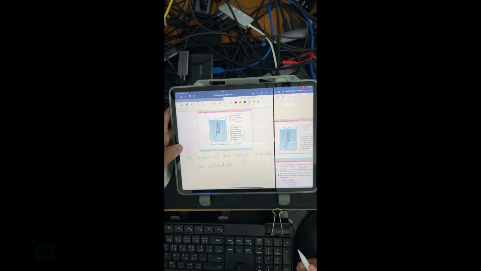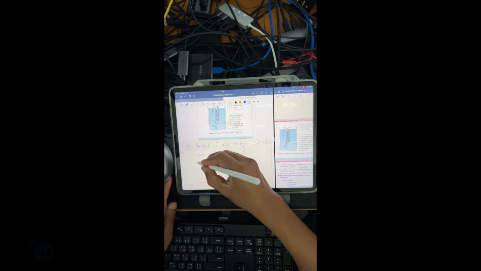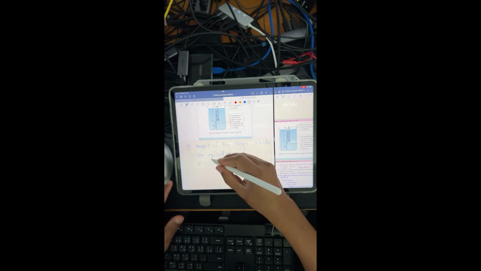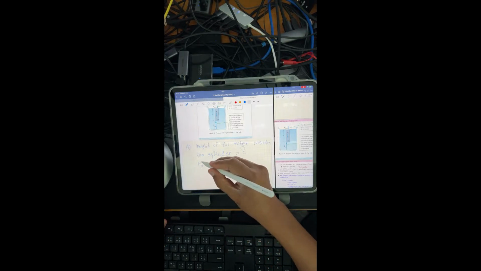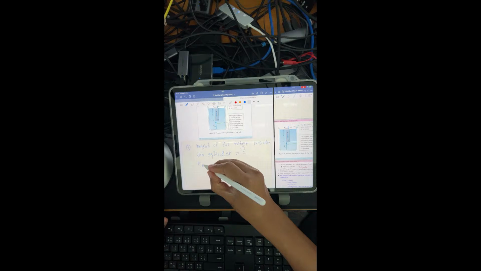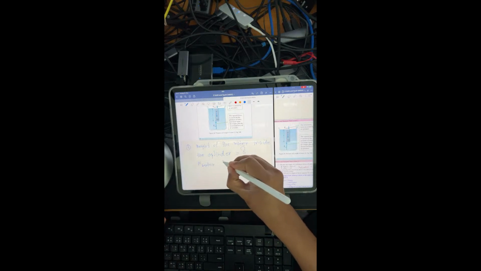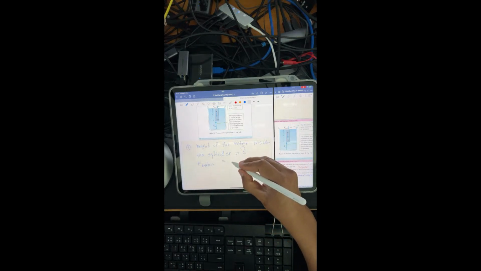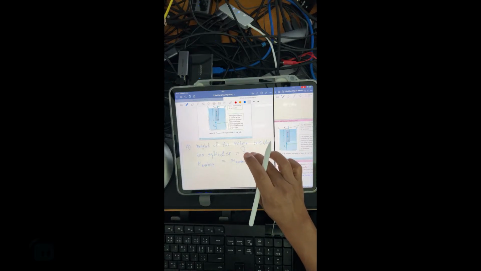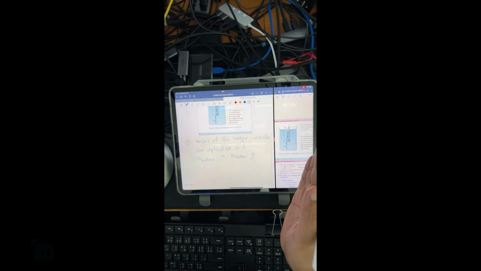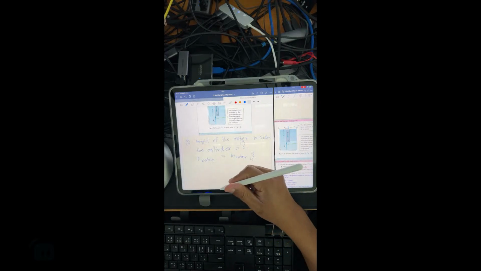Of course, weight is mg. Weight of water is equal to m, the mass of water in that cylinder, times gravitational acceleration on Earth. The weight is mass times g, and what else?